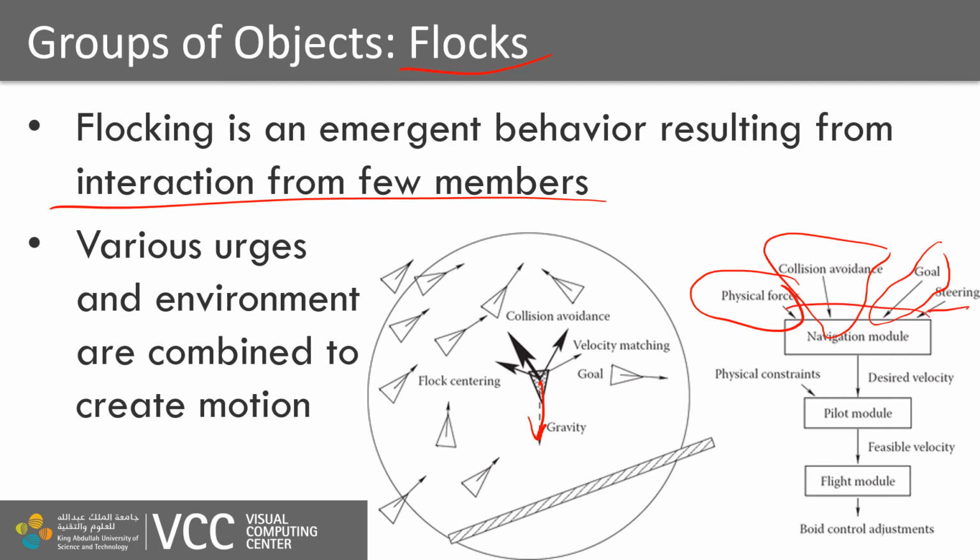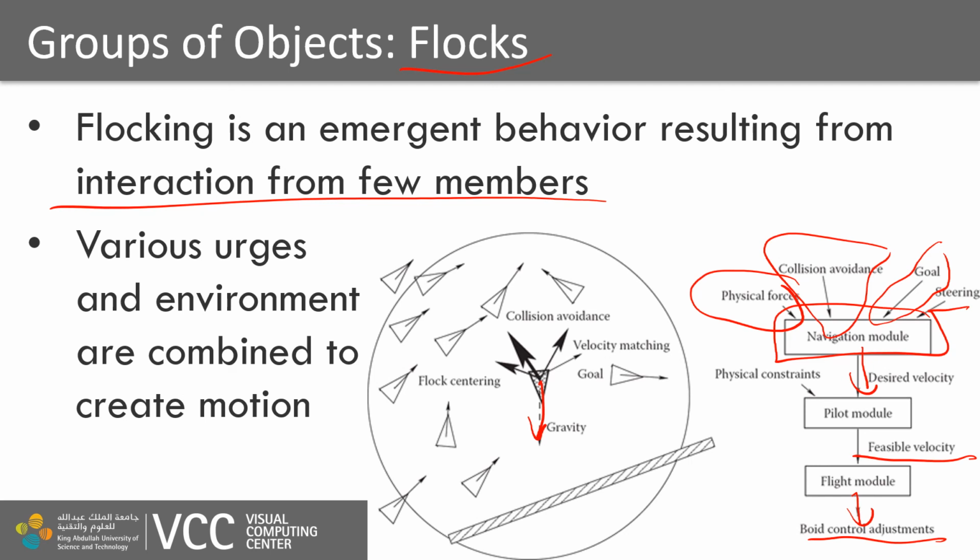So this can all be fed into a navigational module, which will then give us a certain desired velocity, which will then be matched with certain capabilities of our object, a bird, into a certain feasible velocity which this bird can actually achieve, and finally the flight module will then output the adjustments of the positioning of the flight process.